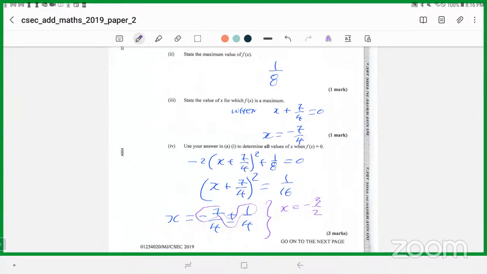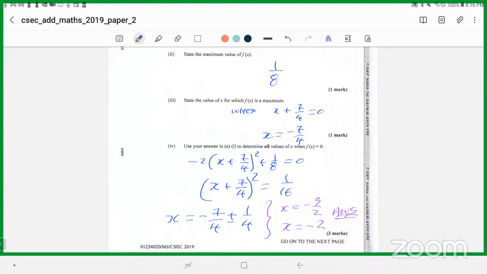So negative 7 and negative 1, that's negative 8. Negative 8 over 4 is negative 2. So the other value is that x equals negative 2. These two values are my answers: negative 3 over 2 and negative 2.